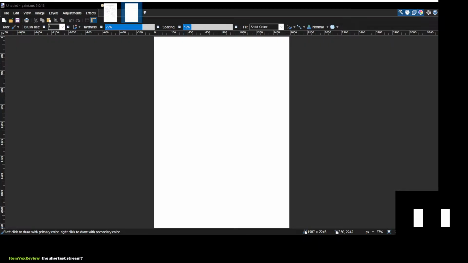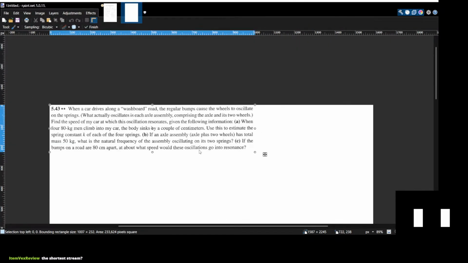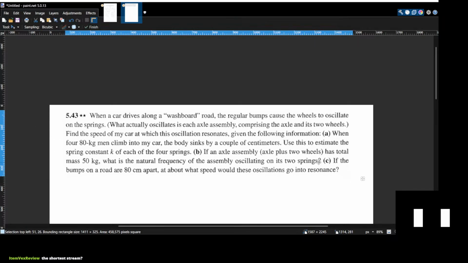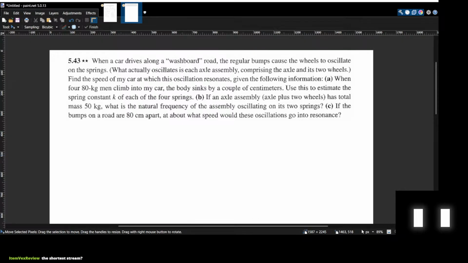this question. I haven't pasted the question here yet. Hold on. Sorry. Okay. When a car drives along a washboard road, the regular bumps cause the wheels to oscillate on the springs. What actually oscillates is each axle assembly, comprising the axle and its two wheels.